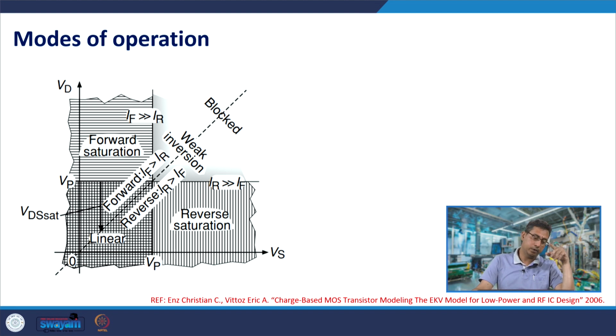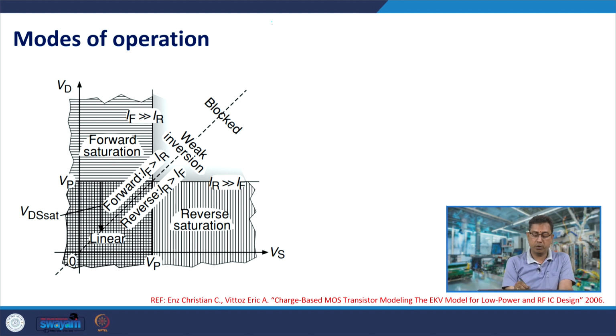Now, the discussion that we are having is valid for weak inversion, moderate inversion and strong inversion. So, when we say forward saturation, as discussed here, the forward current is larger than reverse current. So, these three are like forward current is larger than reverse current. So, here when we say forward saturation, then the drain voltage, the local channel potential at the drain edge, is larger than chi p, the pinch off potential.